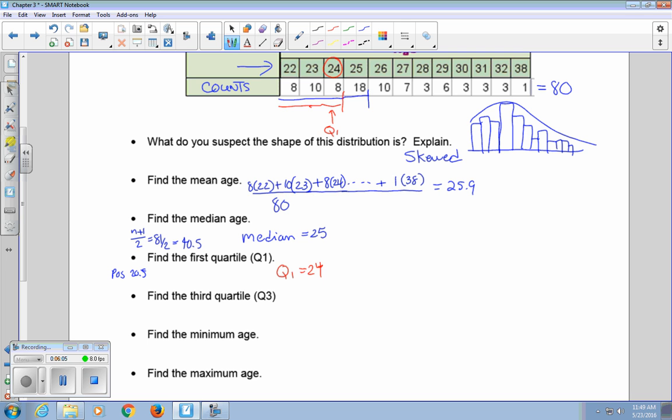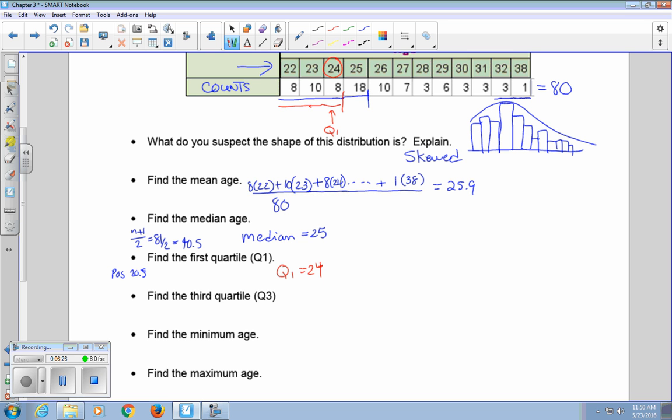We're going to do the same idea to find the third quartile. We can count in from the other end, from the back end. So we need to go in 20 data points starting over here. Again, I'm adding up the counts to see what age I'll fall in.